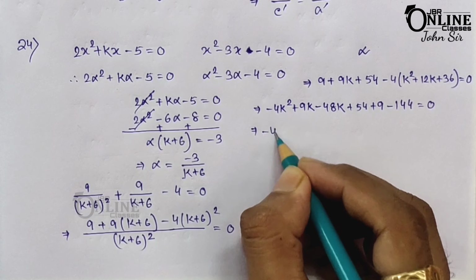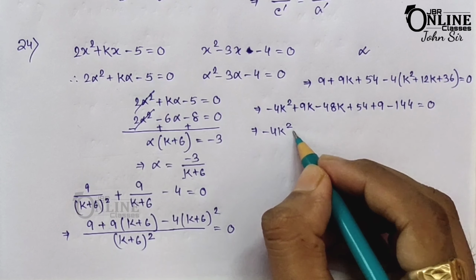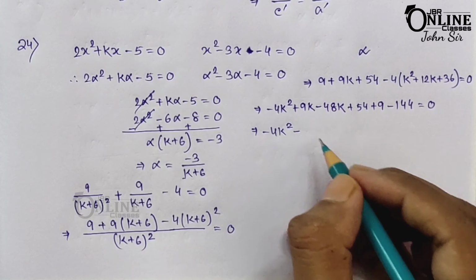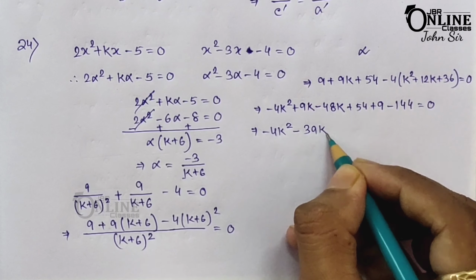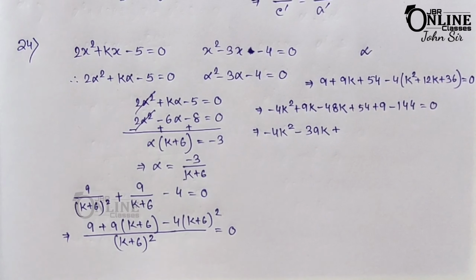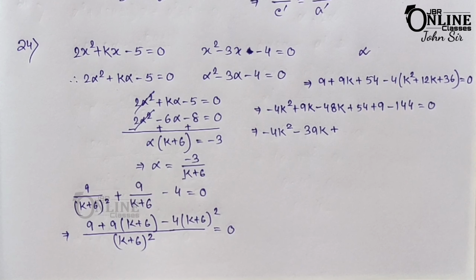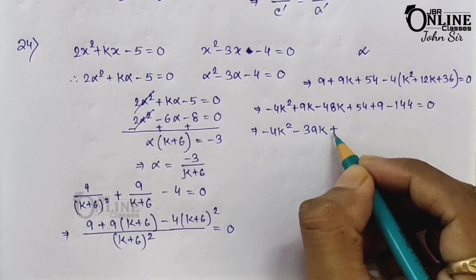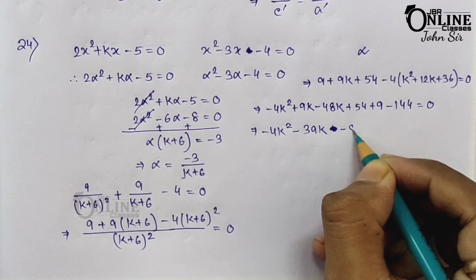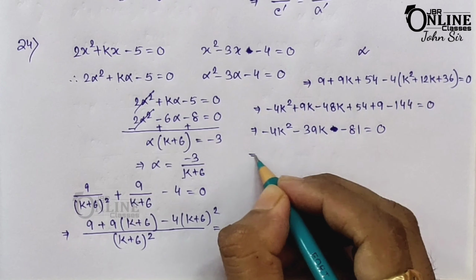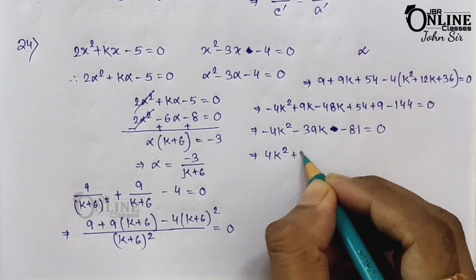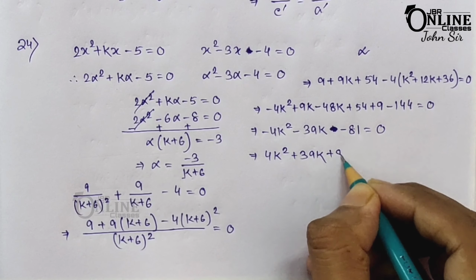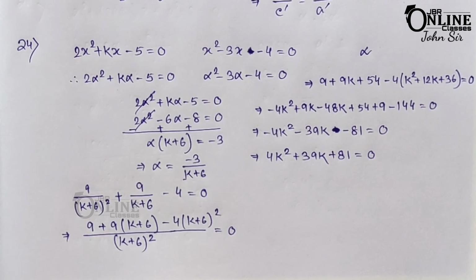So here minus 4k square, then here 48 minus 9, so it will be minus 39k, and the last one you have 54 plus 9. Okay, 54 plus 9 equals 63 minus 144, so that equals minus 81. Minus 81 equals 0. So now you have 4k square plus 39k plus 81 equal to 0.